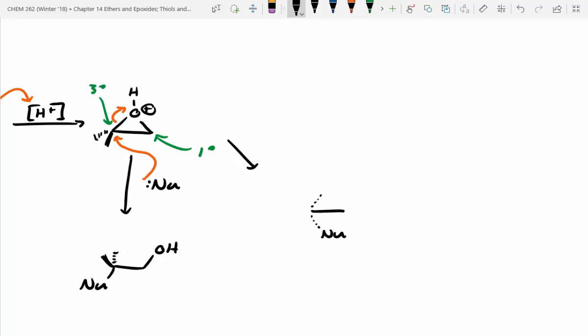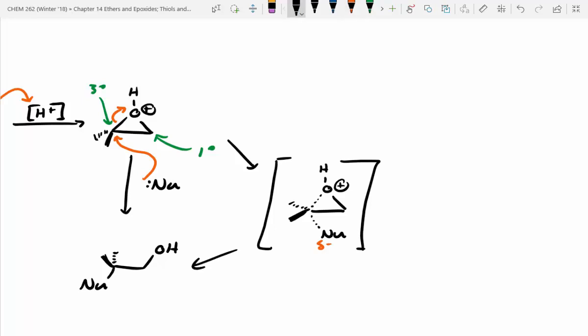We're breaking this bond over here. One methyl group is going out like this. One methyl group is going out like that. We've got a hydrogen still off that oxygen. And when we do this, the nucleophile is essentially going to carry a partial negative charge. And when we look at this overall reaction, the goal is to stabilize the transition state.